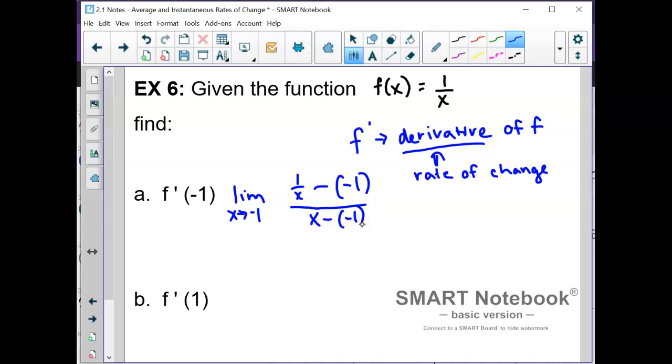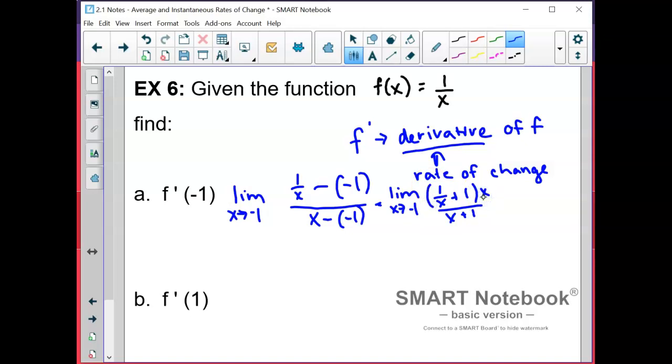And so we end up with the limit as x approaches -1 of 1 over x plus 1 over x plus 1. The easiest thing to do here to simplify this is if you just multiply the numerator by x and the denominator by x.